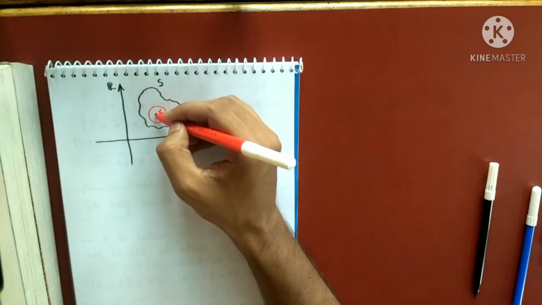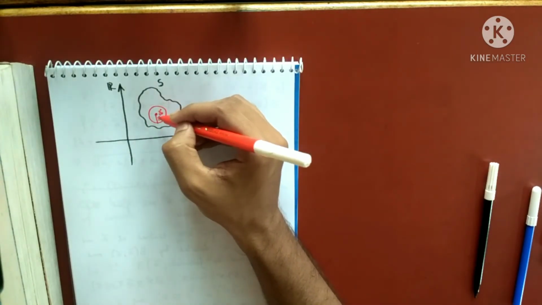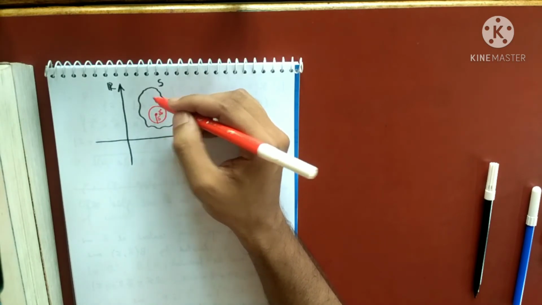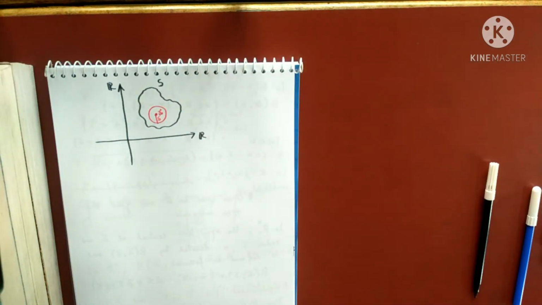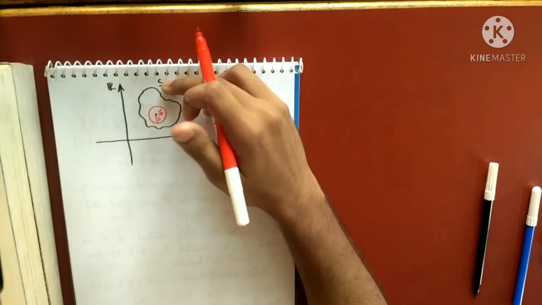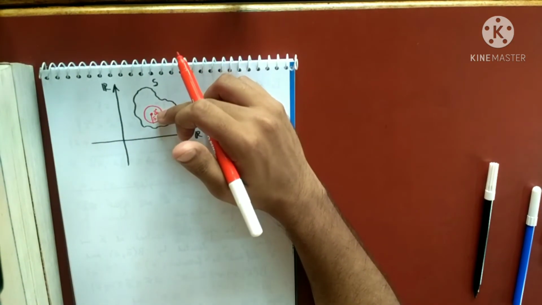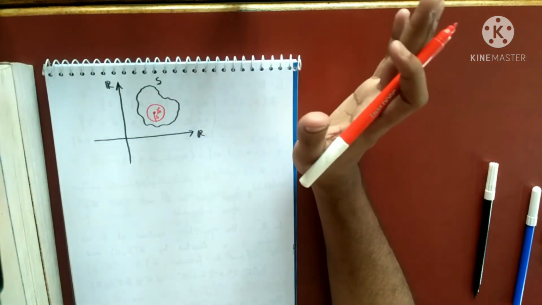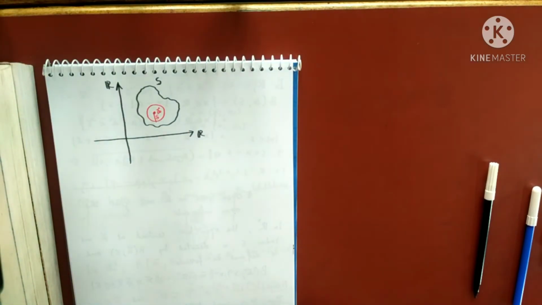If I choose this delta, this open ball completely lies inside S. So I can say that S is a neighborhood of this point, the red one. When do we say that this set is a neighborhood of this one? When I can find an open ball around that point, and that open ball should not go outside S. Am I now clear?